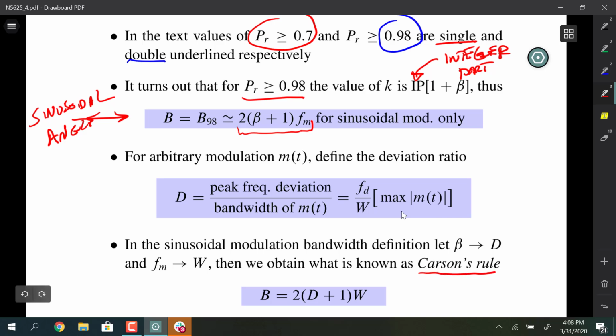And we can get that formula by creating this definition called deviation ratio. So we define the deviation ratio, D, as the peak frequency deviation divided by the bandwidth of the signal. So this is a definition that works for angle modulation, frequency modulation.